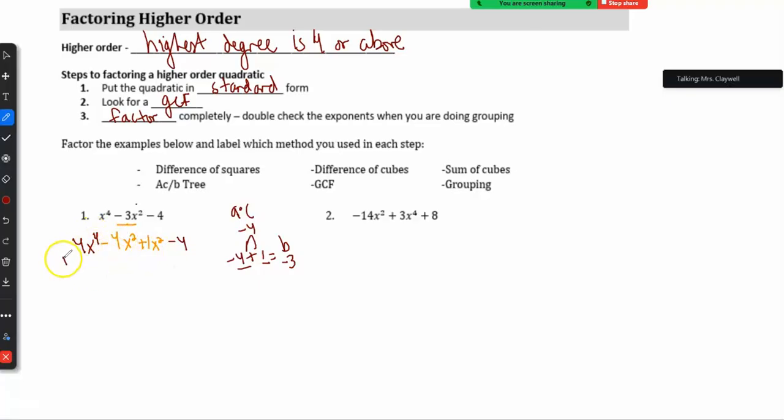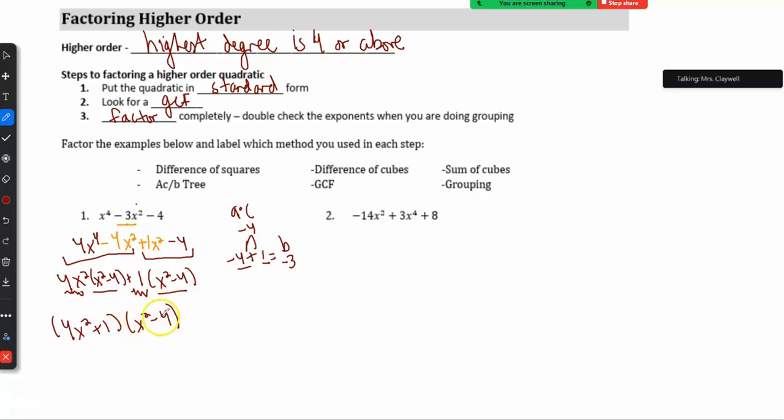Okay, so I broke it up. Now I can finish ACB tree, which is grouping. Here's my matching. Here's my leftover. Okay, so the first thing I used here was ACB tree. That got me to this point. I notice here that this is difference of squares.